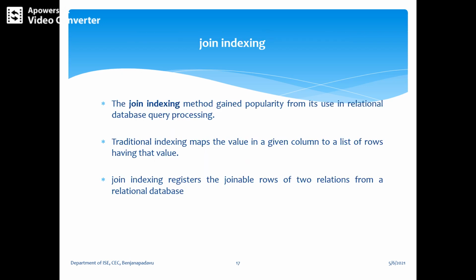Now let us discuss join indexing. Bitmap indexing has an advantage compared to hash and tree indices. It is especially useful for low-cardinality domains, because comparison, join, and aggregation operations are then reduced to bit arithmetic, which substantially reduces the processing time.